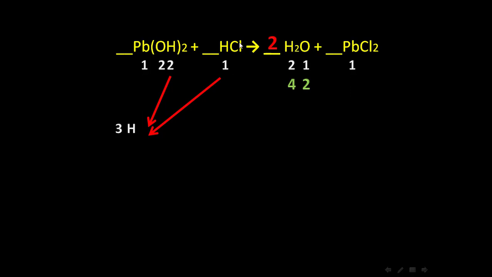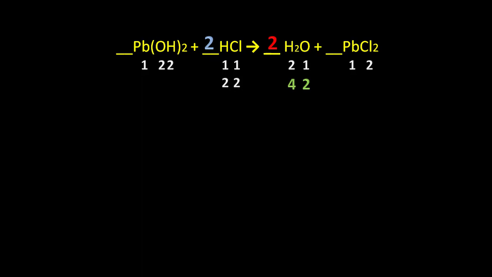What about chlorine? It's not balanced too. Here we have one chlorine atom, but on the other side we have two chlorine atoms. So what to do in this case? We just multiply HCl by 2. Alright, after multiplying by 2, hydrogen becomes 2 and chlorine becomes 2.